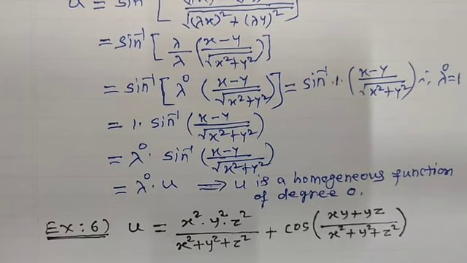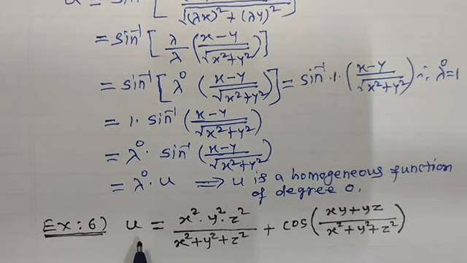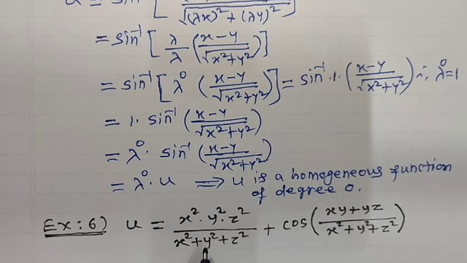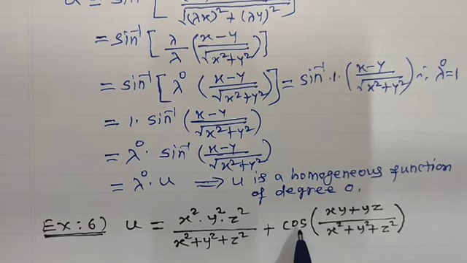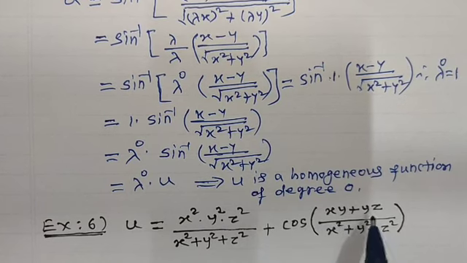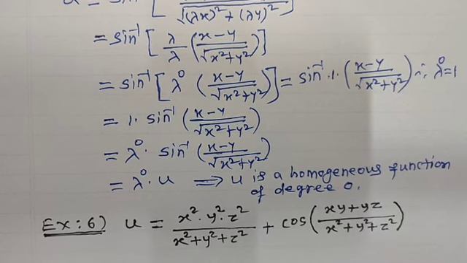Sum number 6. U is the addition of two different functions. This is a cosine function and this is a polynomial function. U is equal to x square y square z square divided by x square plus y square plus z square, plus cosine of (xy plus yz) divided by x square plus y square plus z square.